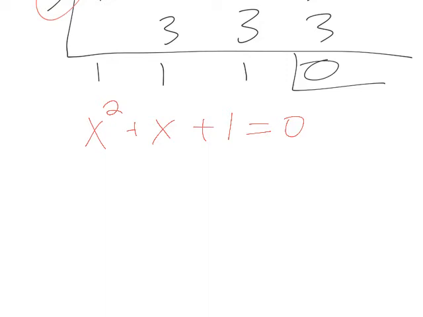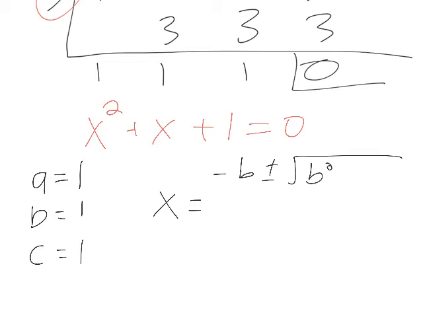So what we're going to have to use here is the quadratic formula. A, B, and C are all 1s. And so we're going to plug that into x equals negative b plus or minus the square root of b squared minus 4ac over 2a. And you may run into one on the test that you're going to need to do this on, so you need to be sure you know how to do that quadratic formula.